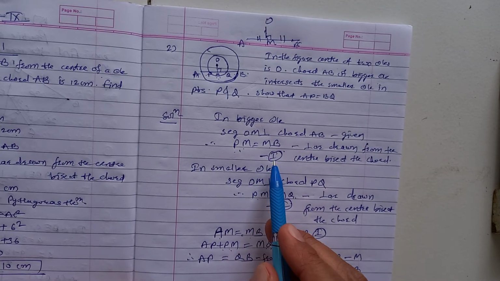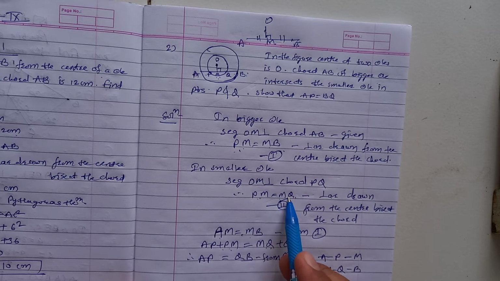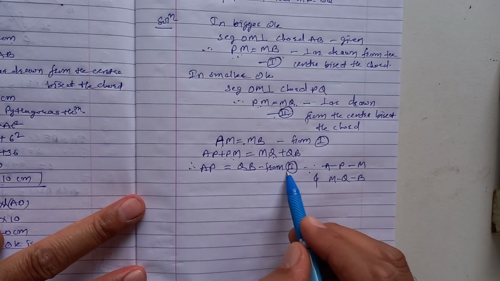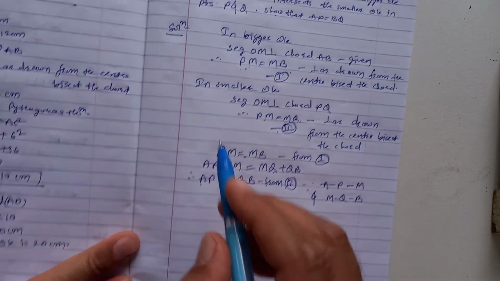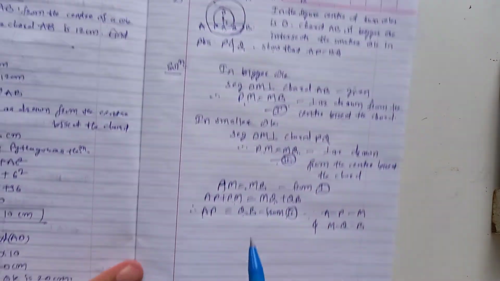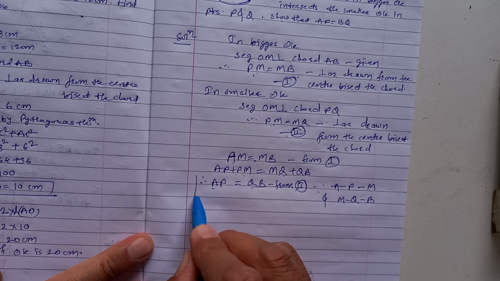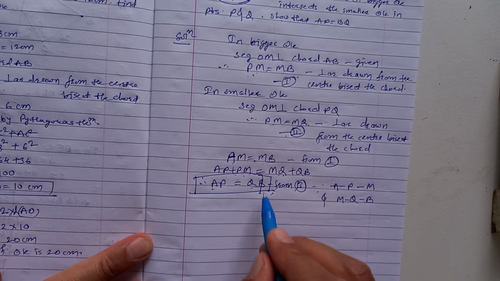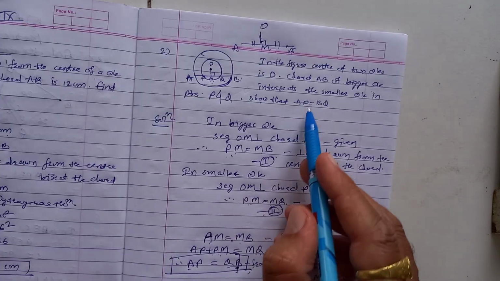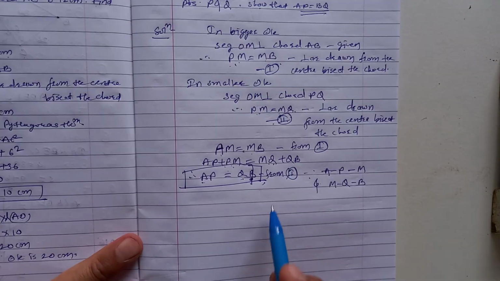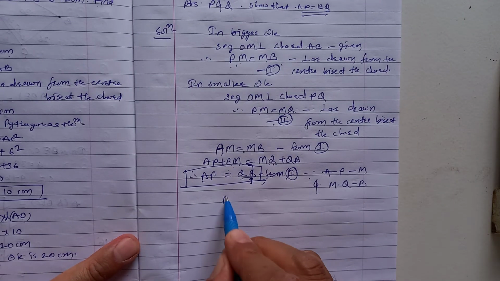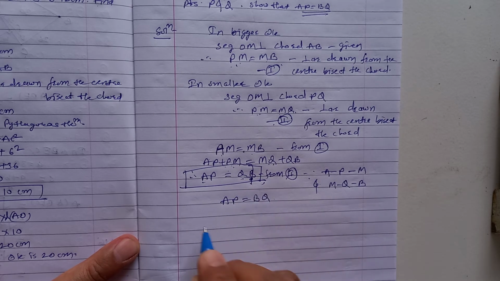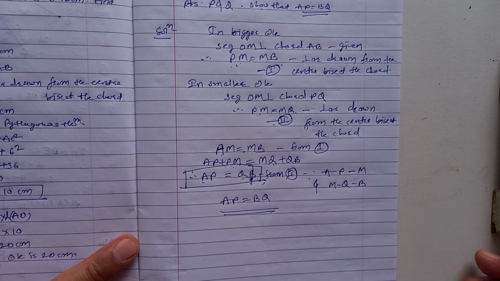This second part, PM is equal to MQ. So PM and MQ is cancelled, both are same from second. So AP is equal to QB. This part is proved. Okay, AP is equal to QB. That part we have to show. So very simple proof of this one. So here you can say AP is equal to BQ. This is the required proof.